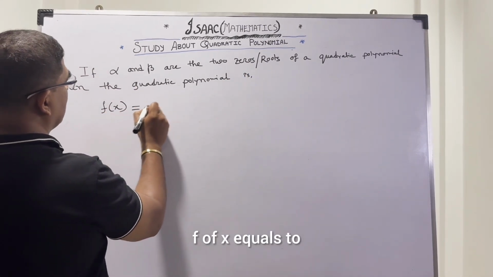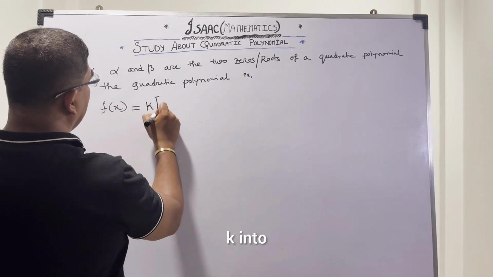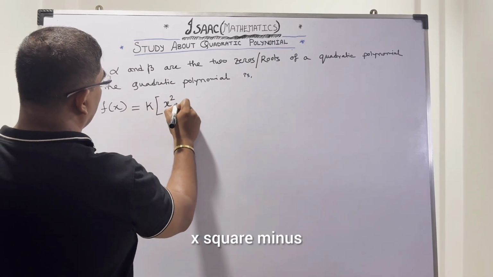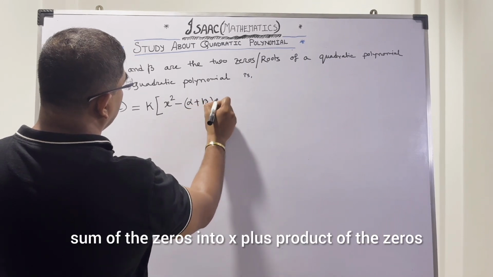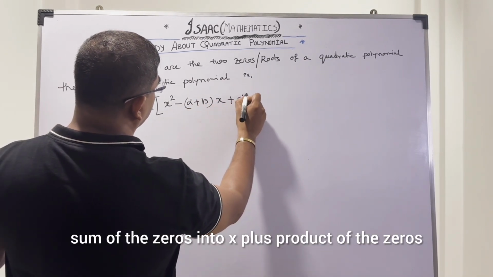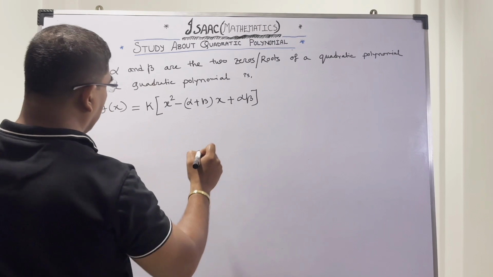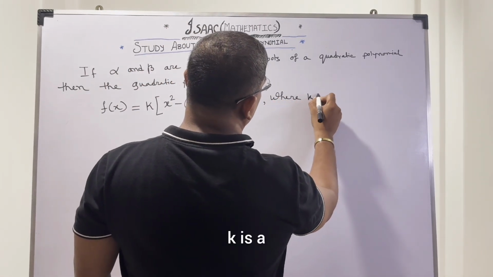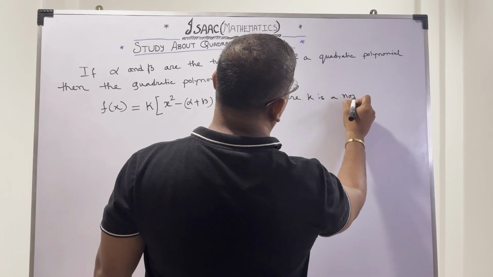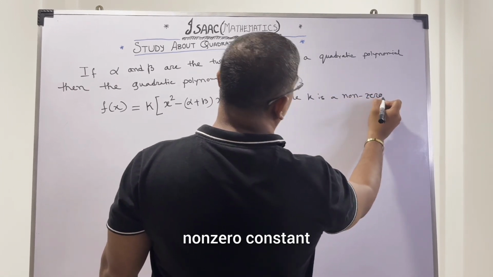f of x equals k into x square minus sum of the zeros into x plus product of the zeros, where k is a non-zero constant.